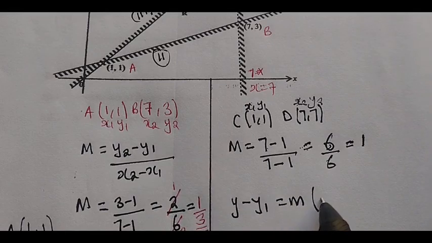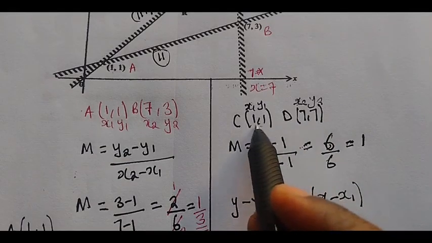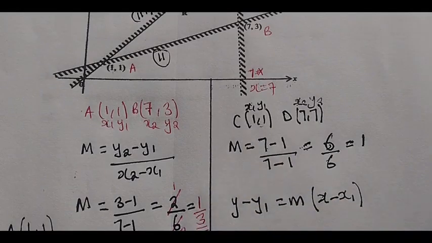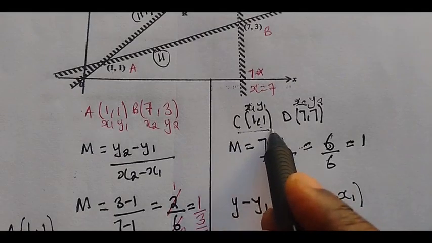We can pick any of the coordinates. I'll pick this easiest one. So I'll say y minus 1, because y1 will be this. My gradient is 1, open bracket x minus 1, because my x1 is the same one. I've used these coordinates right here.